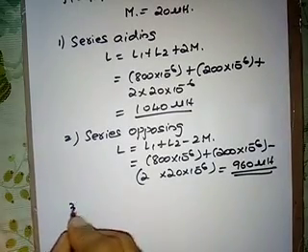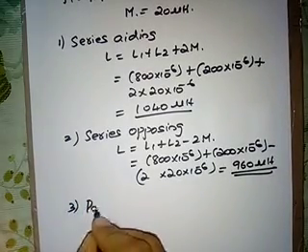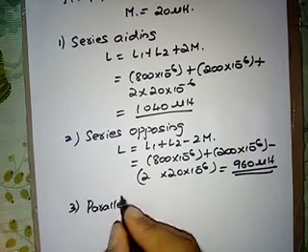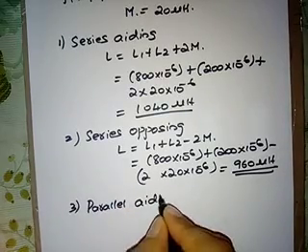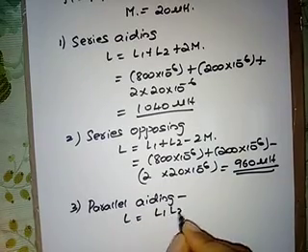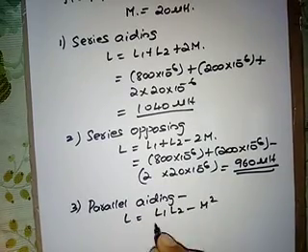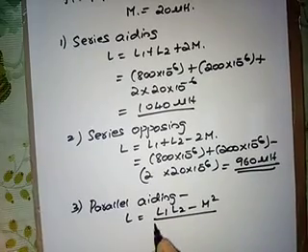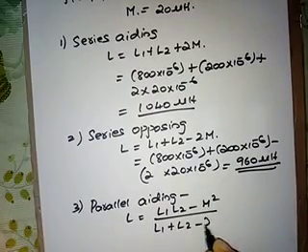Then the third part of the problem, parallel aiding. For parallel aiding, the formula is L is equal to L1 L2 minus M square, divided by L1 plus L2 minus 2M.